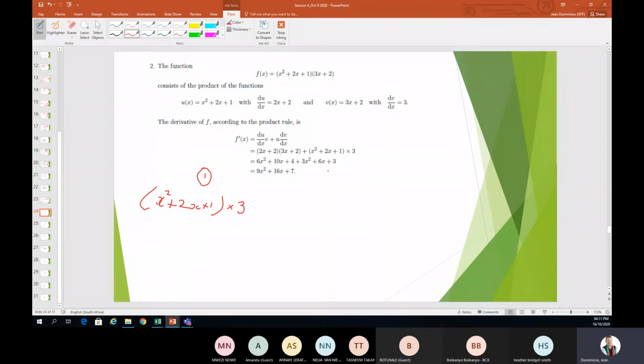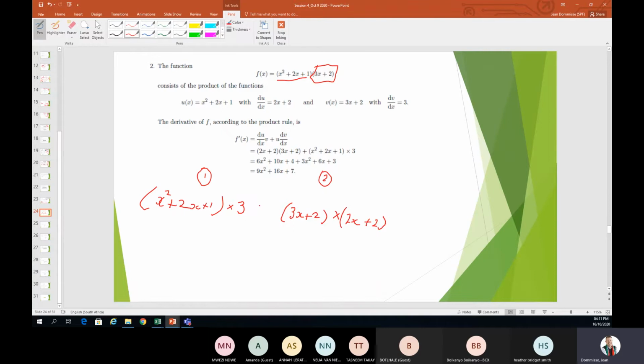Then step number 2 is you take the second term and multiply it by the differentiation of the first term. That differentiation then is 2x plus 2.